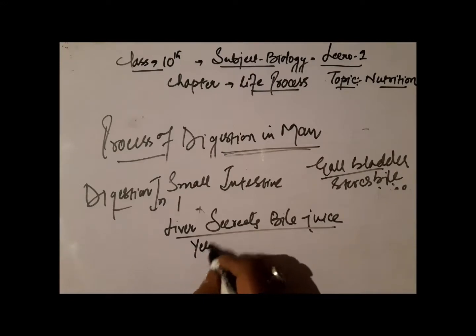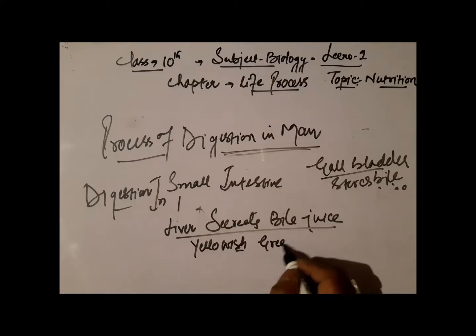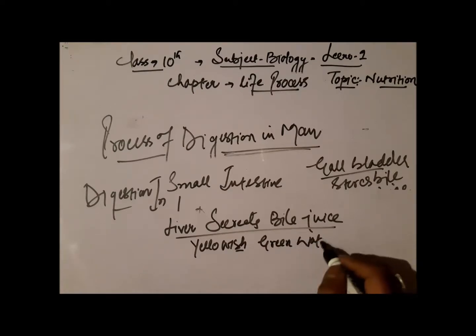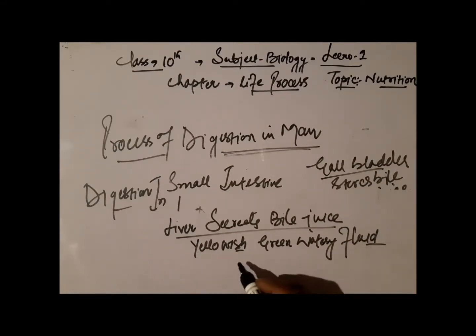It is a yellowish green watery fluid, which is transported through the bile duct leading to the duodenum. Bile is devoid of enzymes.